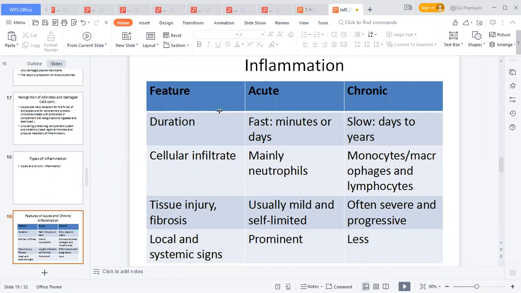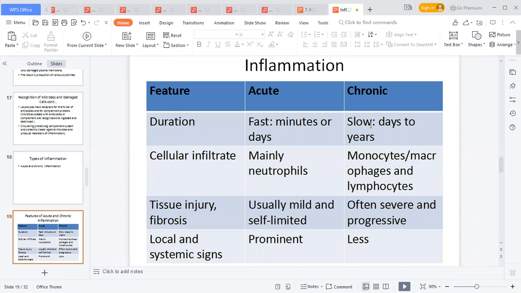The feature is duration. Acute, from the word, means that it is not taking long. So it's fast, minutes or days. While the chronic can even take years, and it's very slow. When they say that the disease is chronic, it means that it takes time in developing, in pathogenesis.